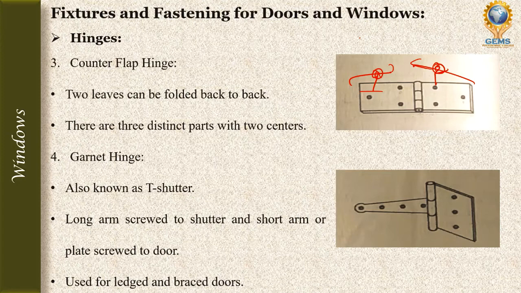Fourth one is the garnet hinge. This garnet hinge is also called a T hinge, because it looks like a T. It has two arms. This one is the long arm and this one is the short arm.